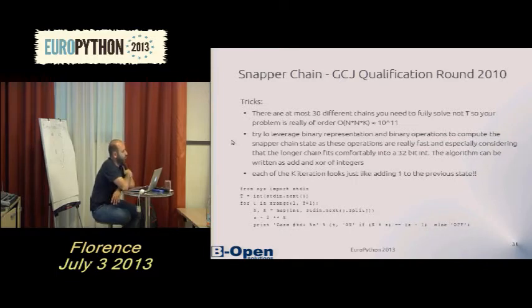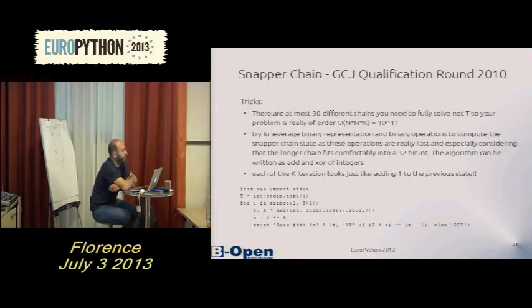Then actually, you may use another trick, that is to notice that you have at most 30 snappers that can be on or off. So they actually can be within an integer. You can think of it as bits in an integer of 32 bits.